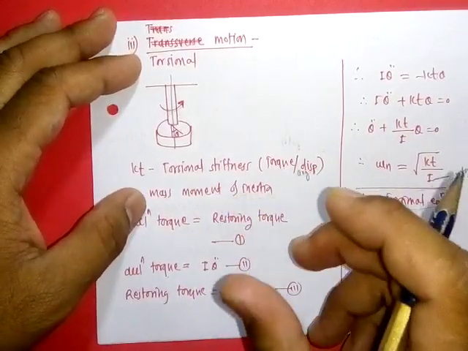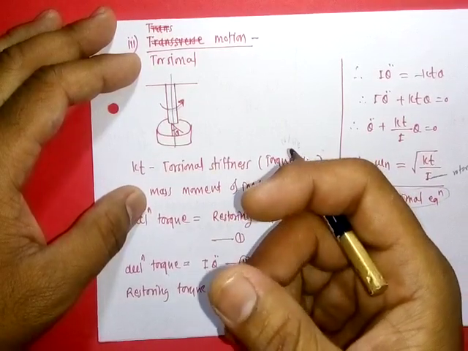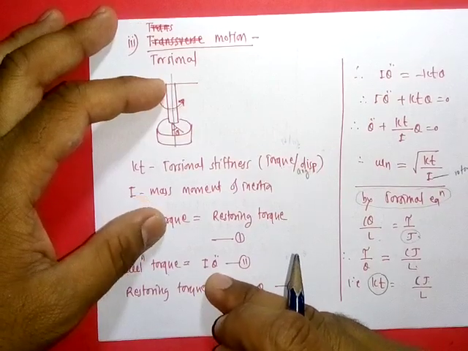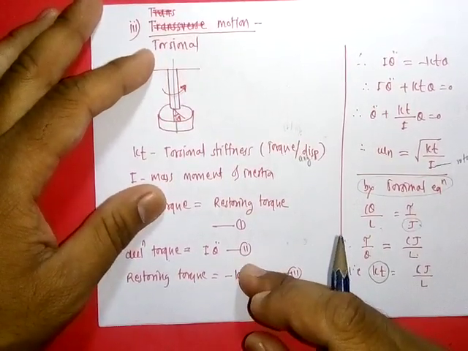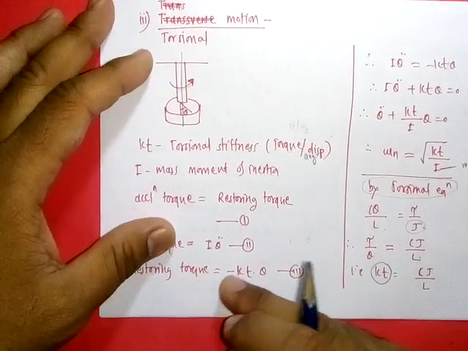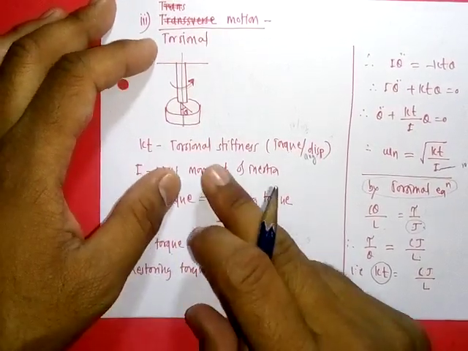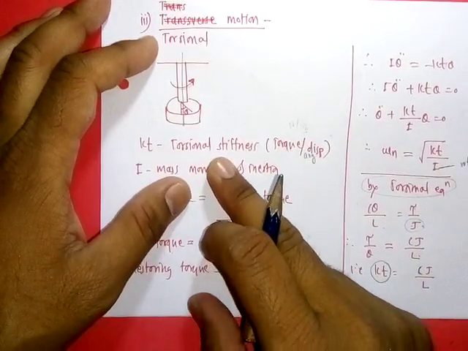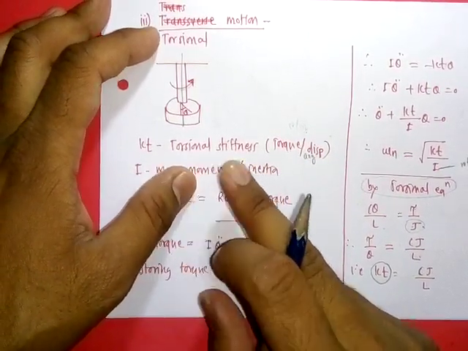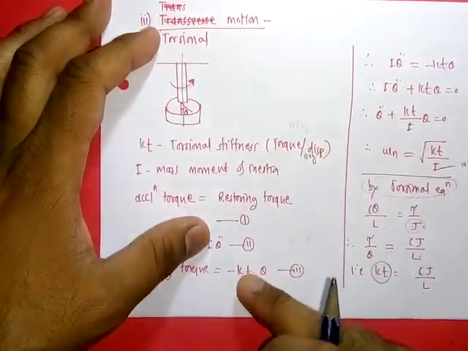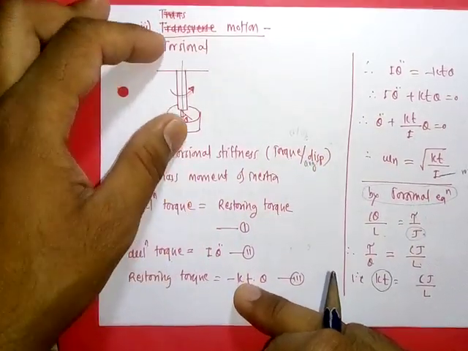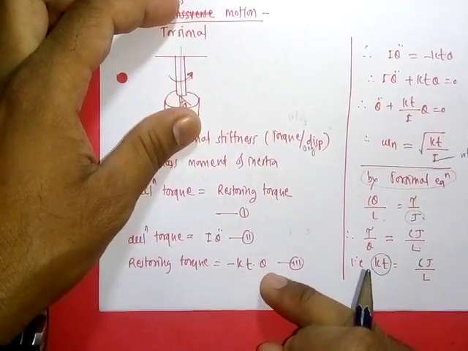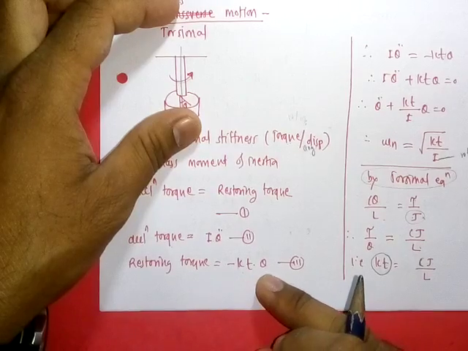Then when we displace this rotor by some amount theta, the accelerating torque will be I theta double dot, similar to transverse vibrations. Then restoring torque: torsional stiffness is resisting torque per unit displacement, kt, and if displacement is theta, then total resisting torque will be minus kt into theta.